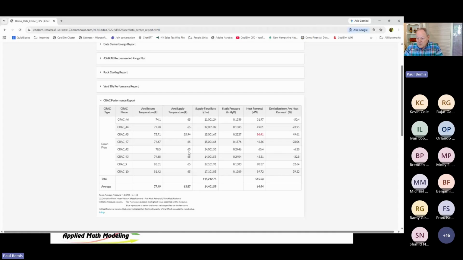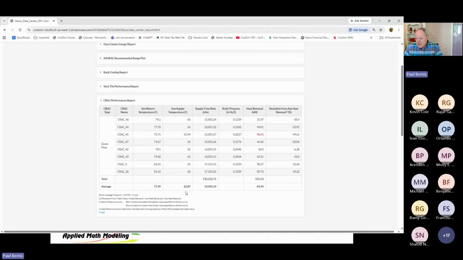Any one of them, right? If I'm 65 here, you add 30 to that, this should be 95, and it's not. These return air temps are low. I've got a delta T here of 13, 20, 20, 26. Not even 16, right? Yeah, 14.